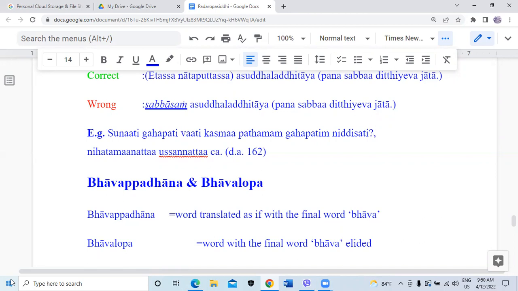Okay, let me read Usanata Nidamanata. Nihata Manata. Is a good reason.